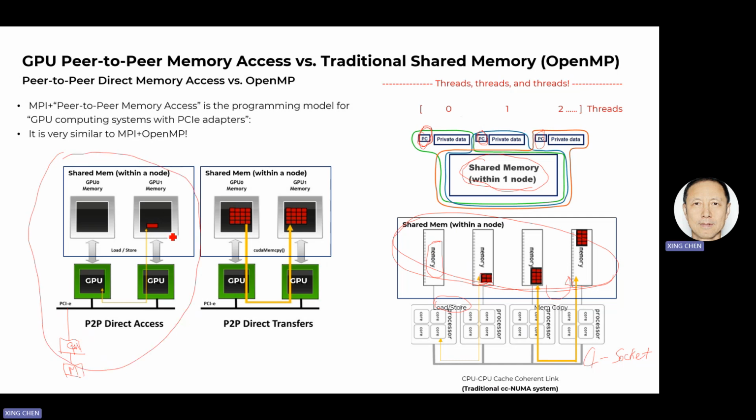You have multiple GPUs connected to one node. If you look at these GPU memories as a whole, don't you think it's the same thing as the shared memory for the cc-NUMA system? Is that the same thing as this or not?